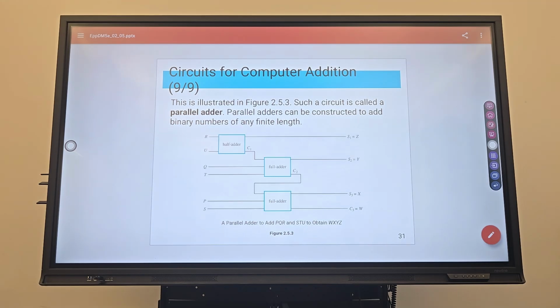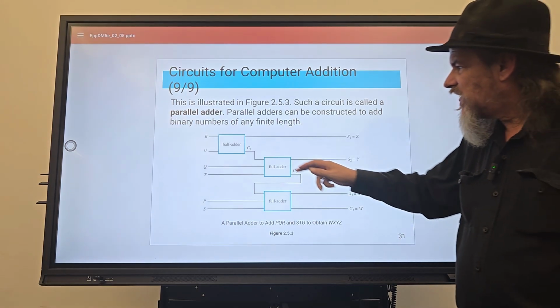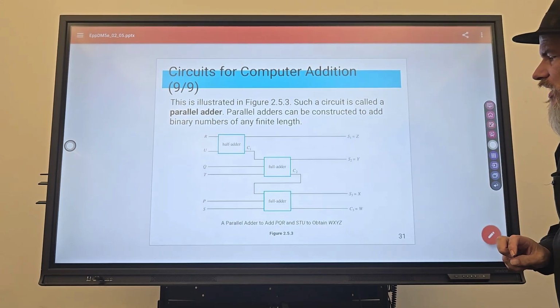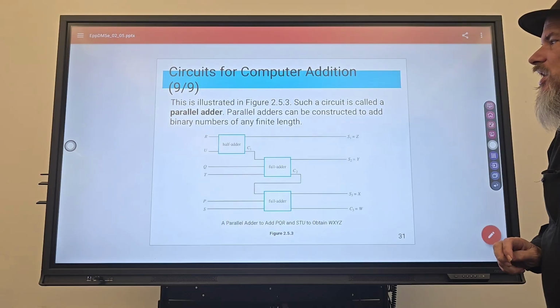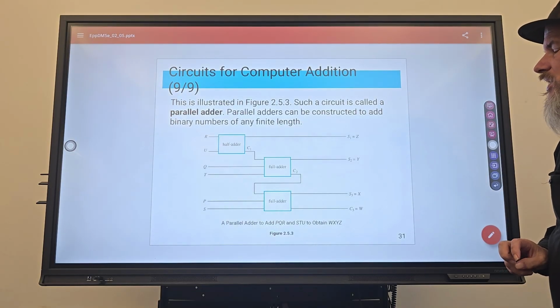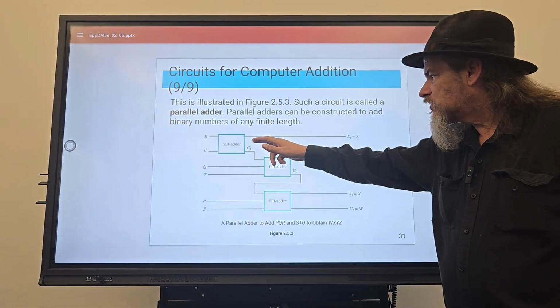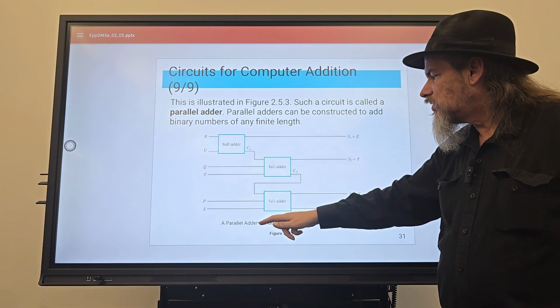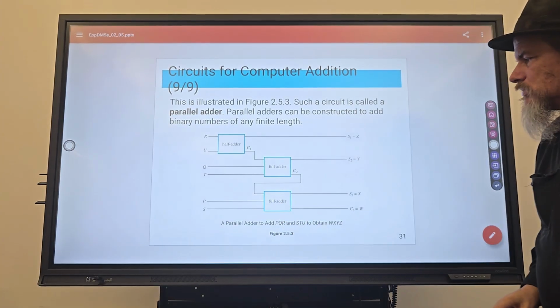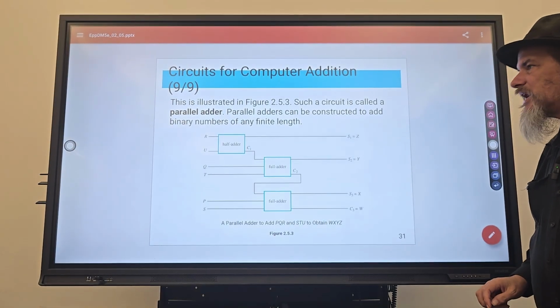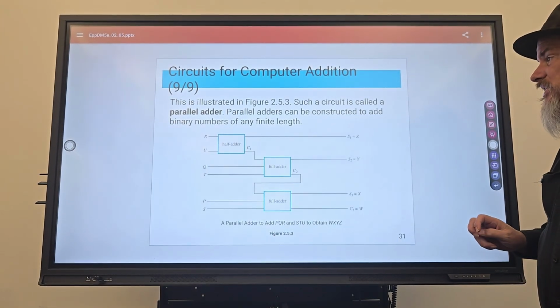That's called a parallel adder, or also a ripple adder, because the carries ripple down through the result and take a discrete amount of time to get the result once all the inputs are valid. Parallel adders can be constructed to add binary numbers of any finite length.